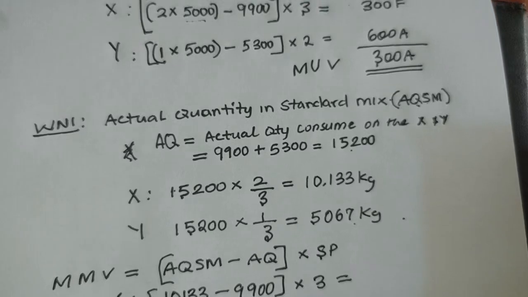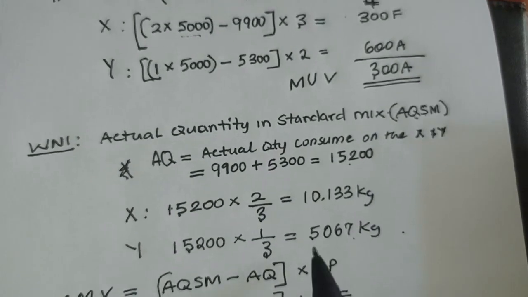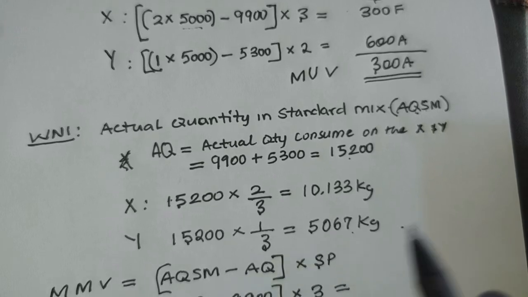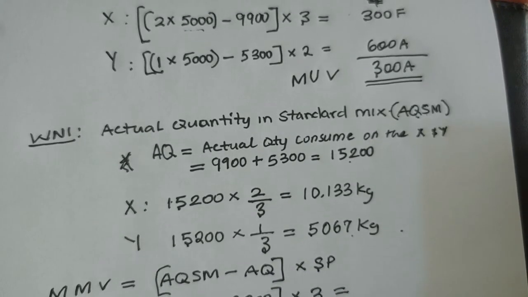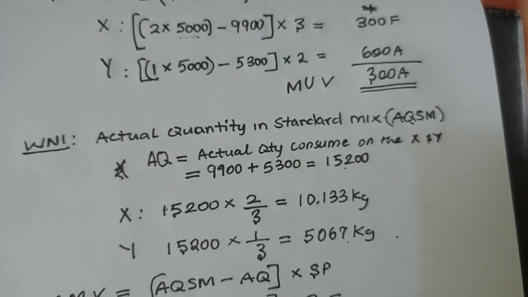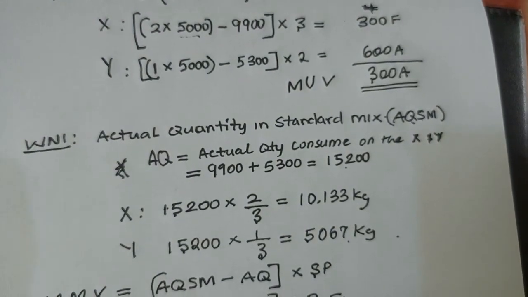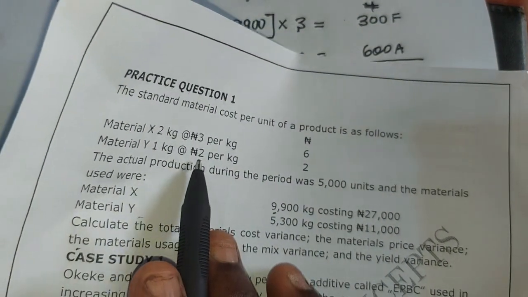Then for Y, we have the actual quantity in standard mix, which is 5,067 minus the actual quantity, which is 5,300, times the standard price, which is 2.